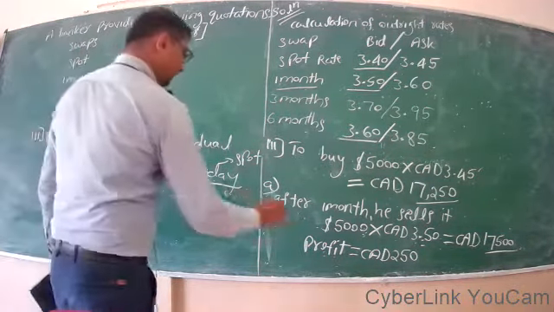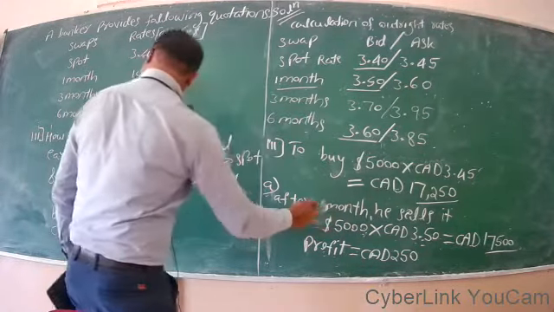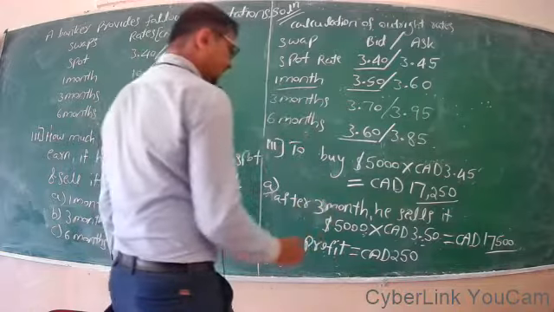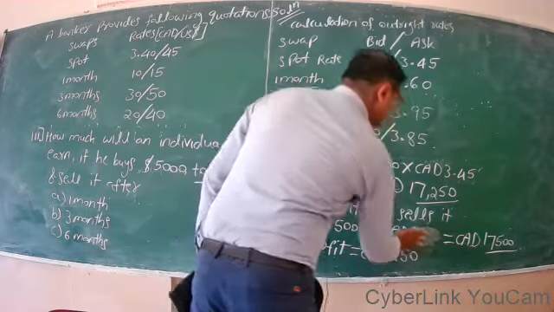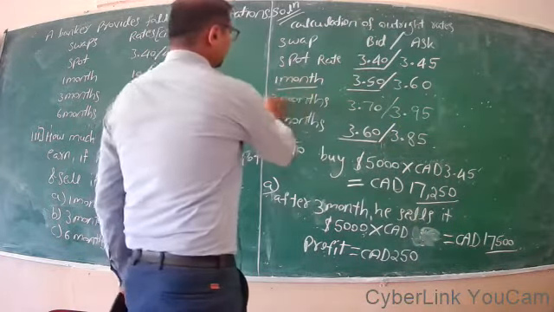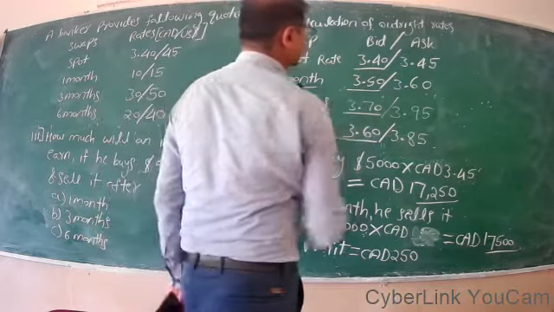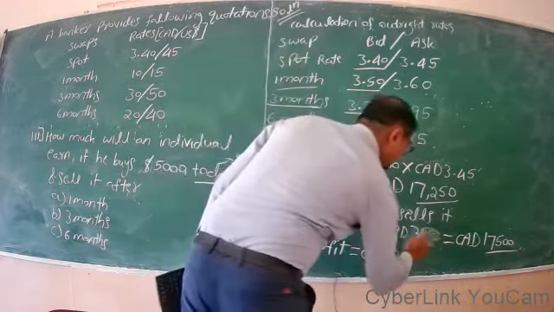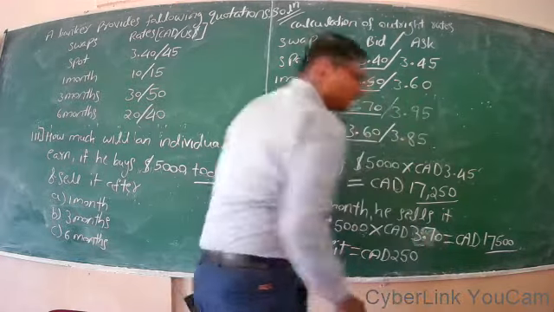Now, after 3 months, he sells it at the rate of, after 3 months, he sells it and banker buys it at Canadian dollar 3.70.